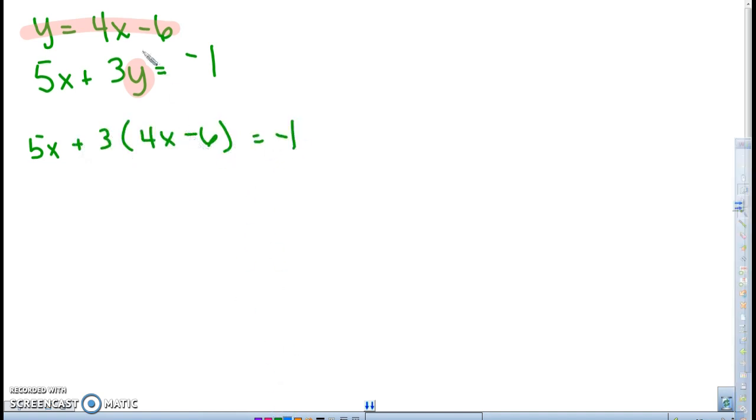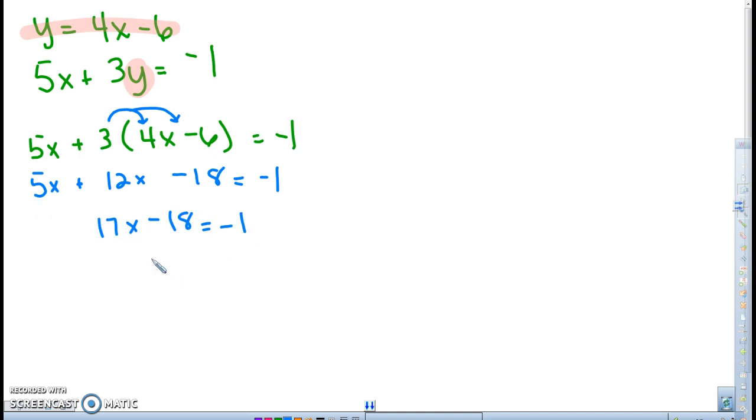Notice I plopped this thing in right where y was, and now I need to distribute that 3 to both terms. So I have 5x plus 12x minus 18 equals -1. If I combine my x's, I get 17x minus 18 equal to -1. I move 18 to the other side. I divide both sides by 17, and I get x equal 1.